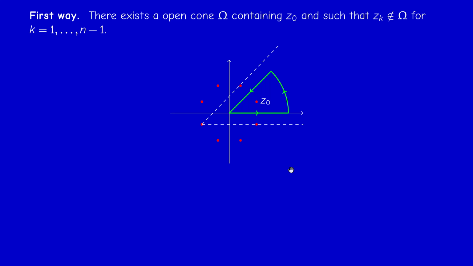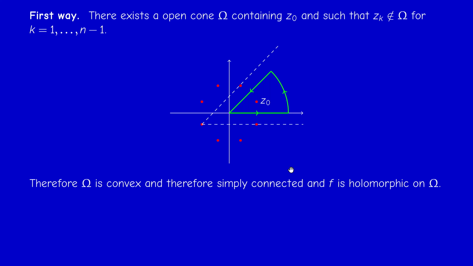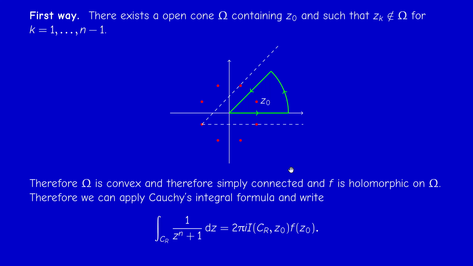But this is the idea. So here, what do we have? Omega is convex and therefore simply connected, and therefore CR is homotopic to a point, and f is holomorphic on omega. And therefore we can apply Cauchy's integral formula of order 0. And here, of course, the index is 1. Just have to say why, for the same reason as before. So this is the first way.